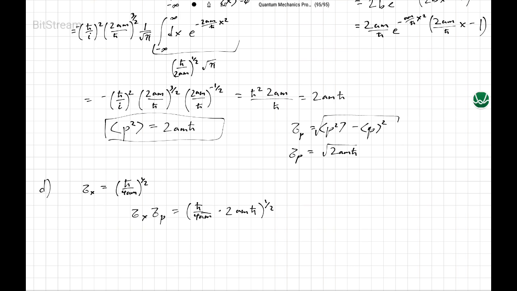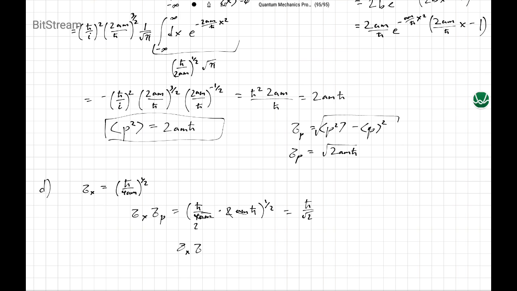And what we get there, those cancel out. That turns into a 2. So that is going to be, or actually, yeah, that's a 2. I have a feeling that might be supposed to be a 4. We'll see. So I get h bar over square root of 2.